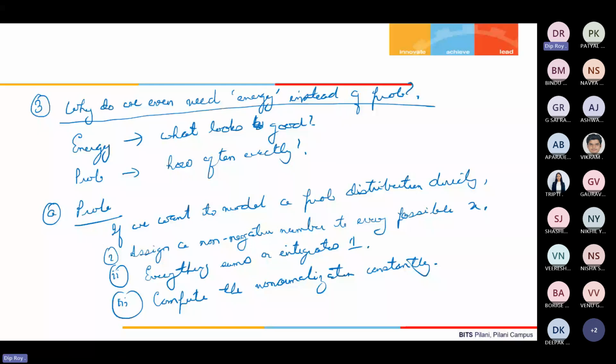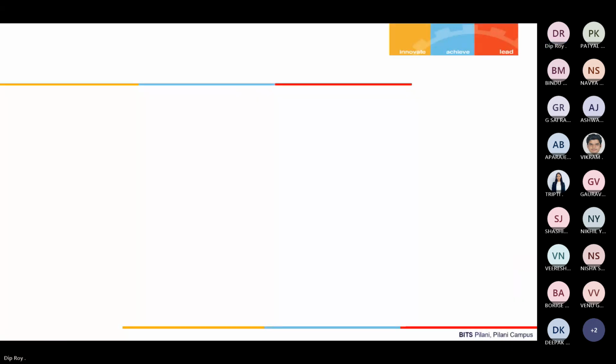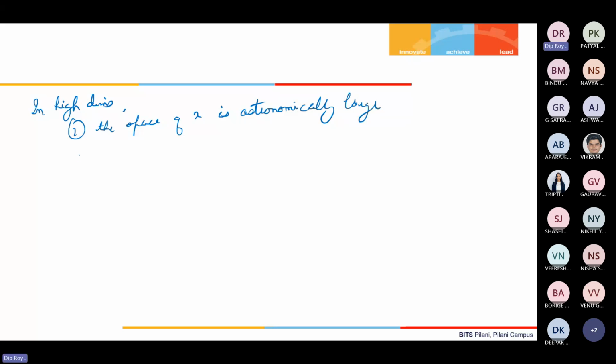Now, what happens in high dimensions? The first thing is the space of X is astronomically large. Number two, normalization is expensive or intractable.